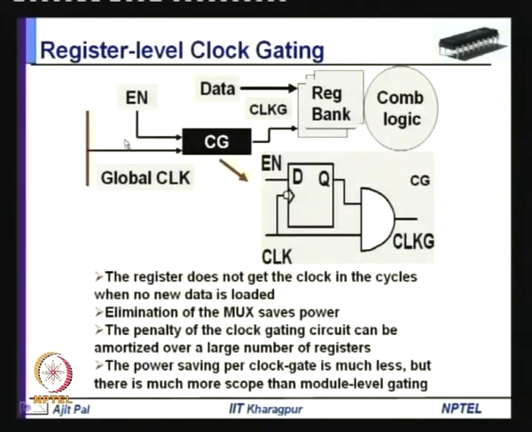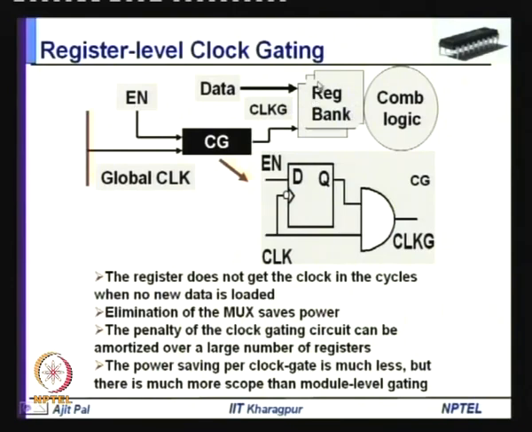It can find out the situation when new data needs to be loaded, and only then is the clock applied to this register bank. And as you can see here, that clock gating circuit I have already explained in detail. That type of circuit you can use for getting the clock.